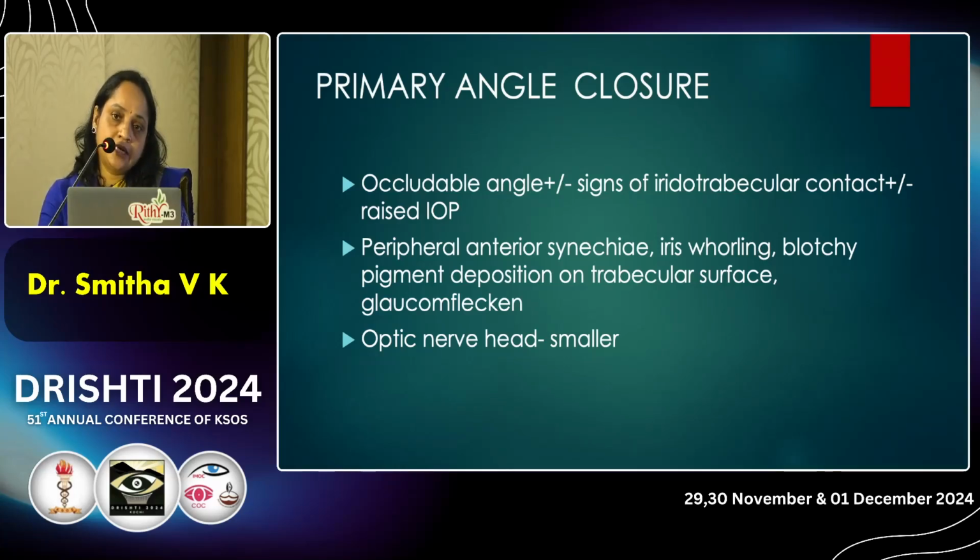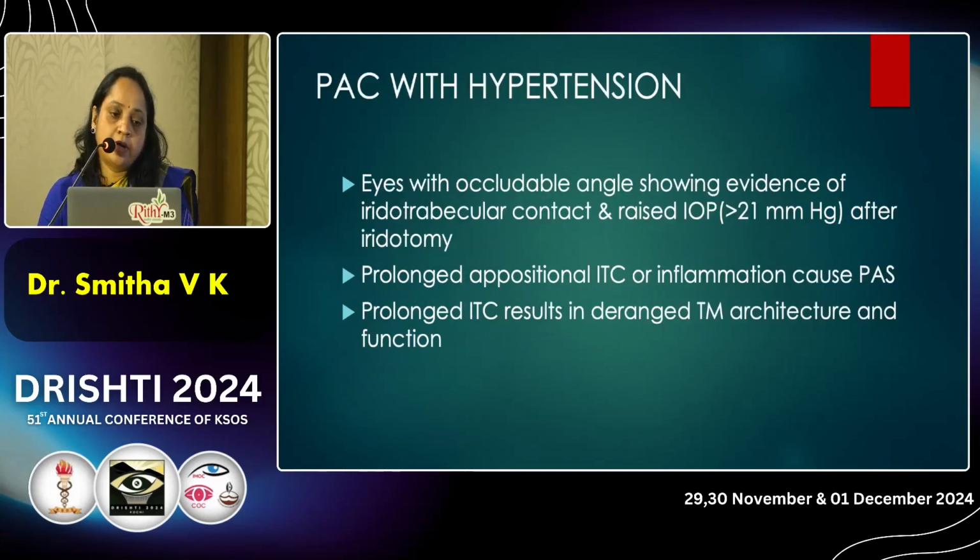You have to see the optic nerve head carefully, as the disc will be small and we can miss the glaucomatous changes. In primary angle closure with hypertension, the eyes will have increased IOP, and this may be due to peripheral anterior synechiae, or, if the angles are open, due to deranged trabecular meshwork architecture and function.